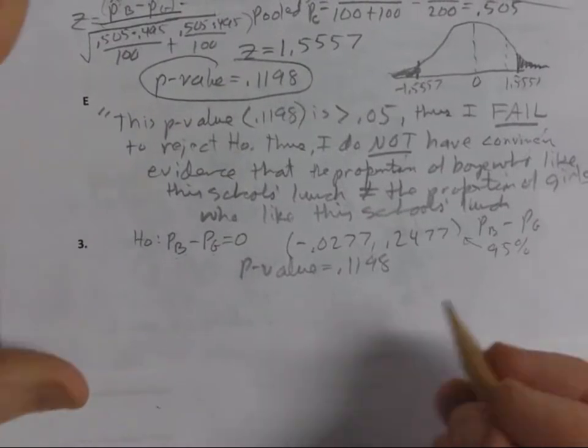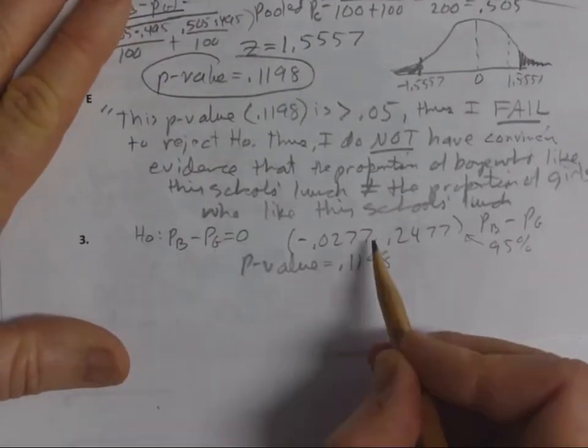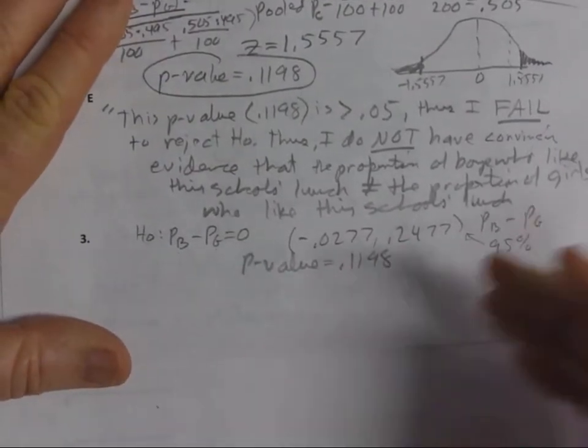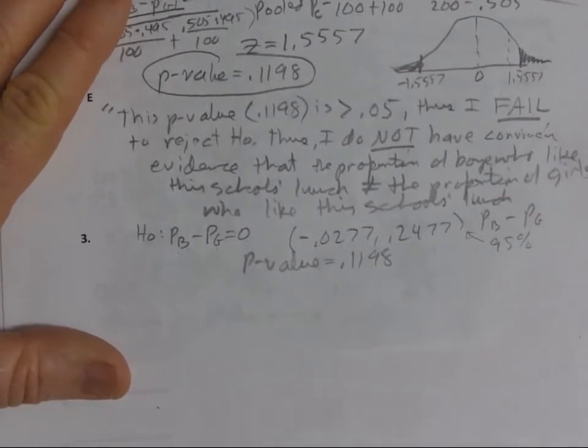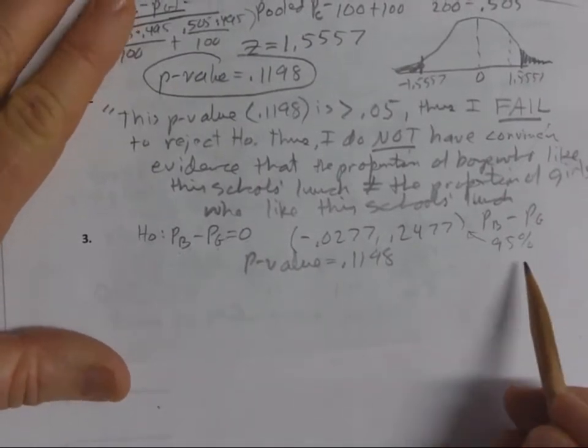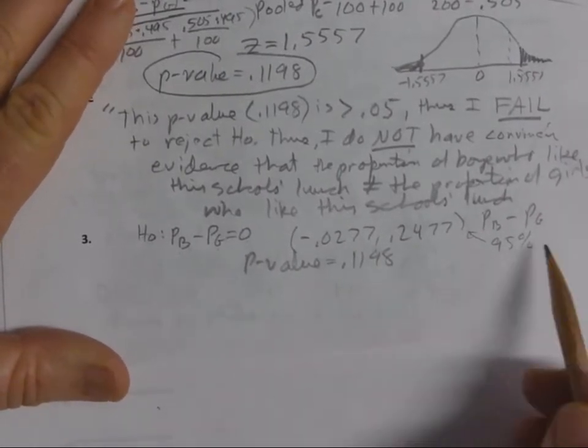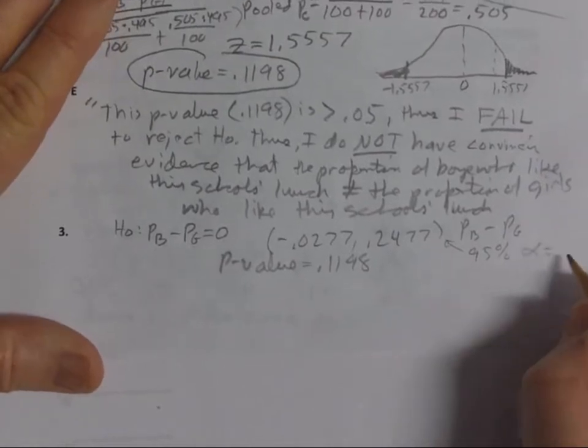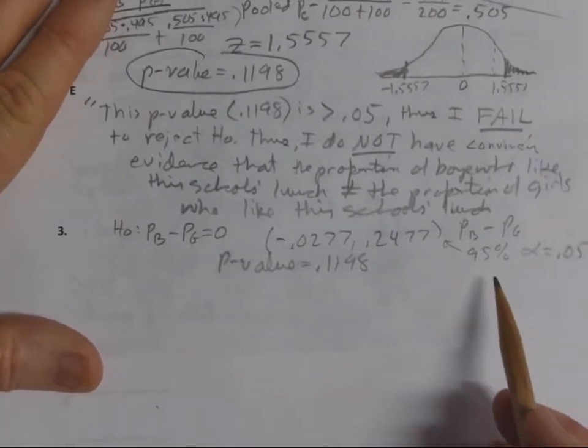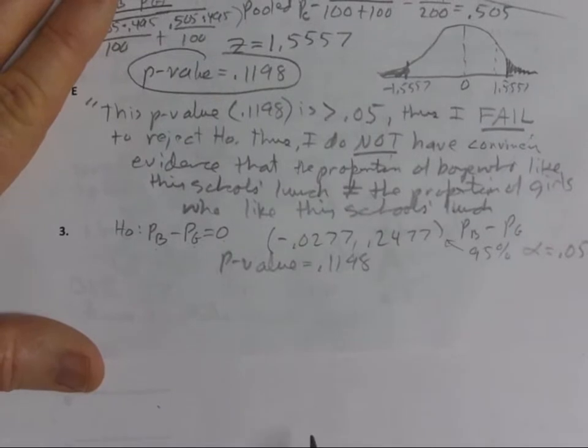And we would say this: notice the hypothesized value is in the interval. Therefore, it is a plausible value and would generate a high p-value, which this did. How high? Above the related alpha 0.05. These things have to add up to 100%, 95% and 5%.